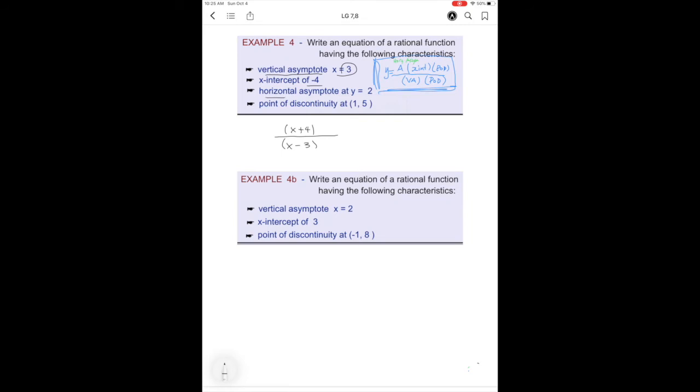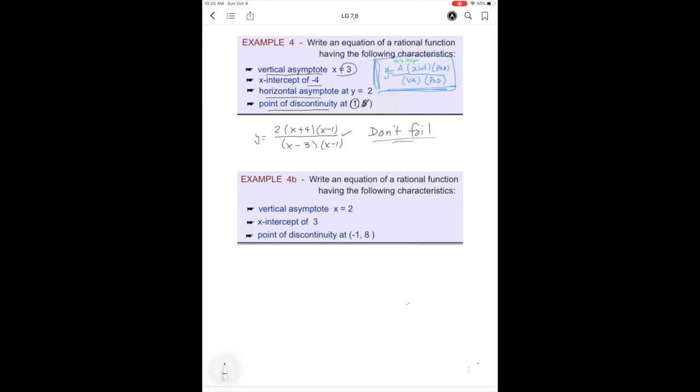I have a horizontal asymptote of 2, so that goes into the front. And then I have a point of discontinuity. I only care about the x. Remember, we're dealing with the x's here. Don't care about that y. So x minus 1 and x minus 1. Make sure you put it top and bottom. Don't FOIL. Just keep it like that.